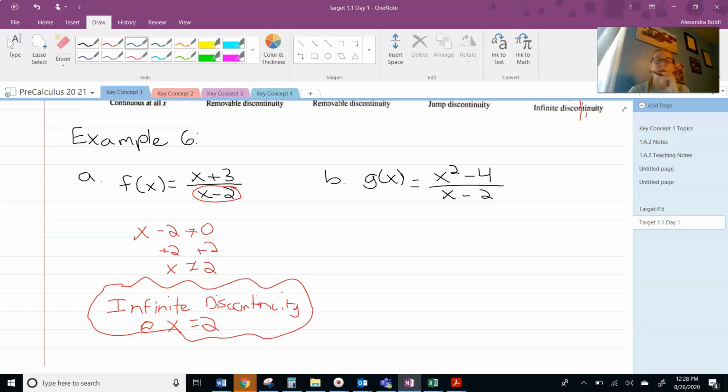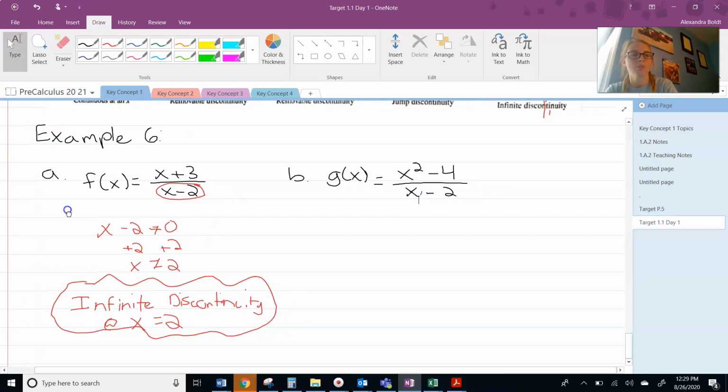Let's look at b. b also has something that we're dividing by. So we know that can't be 0. But again, we always want to check to see if there's something that's the same in the numerator and the denominator. So I can factor my numerator. So I'm just going to do that like off to the side. X squared minus 4. This is a difference of squares.